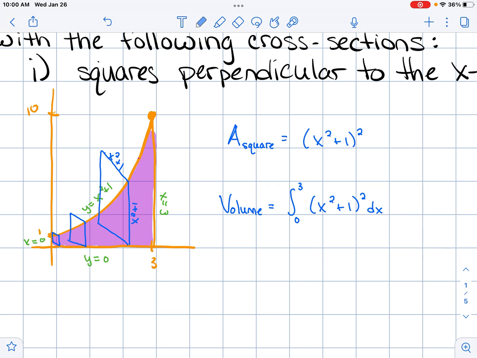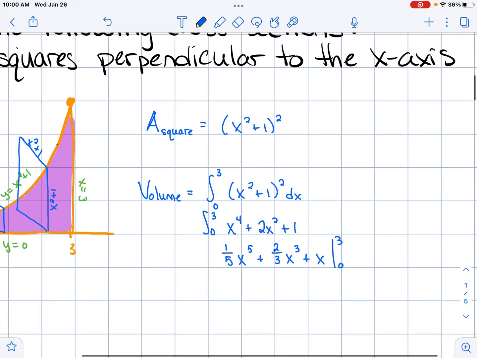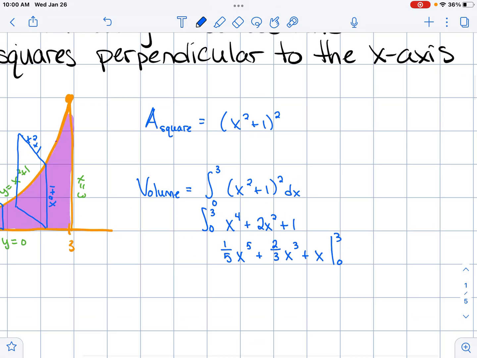So we're going to go back old school, and we're going to actually multiply x squared plus 1 by itself to get a polynomial. So this is now x to the 4th plus 2x squared plus 1. Now I can just find the antiderivative using the power rule. 1/5 x to the 5th plus 2/3 x cubed plus x, and I'm going to integrate that from 0 to 3. 3 to the 5th power is something big, and I'll let you do that part.